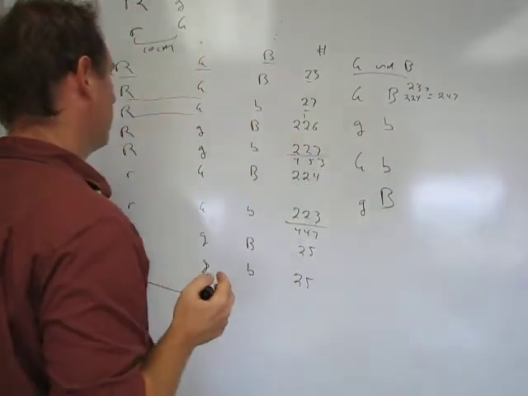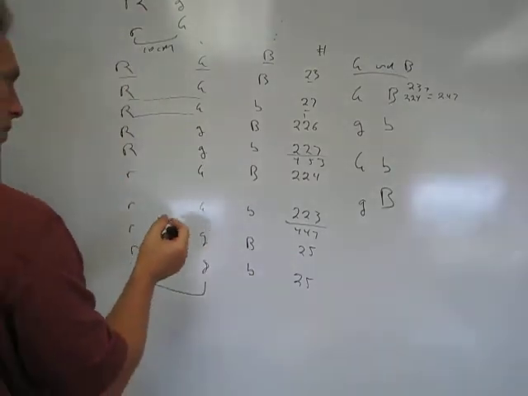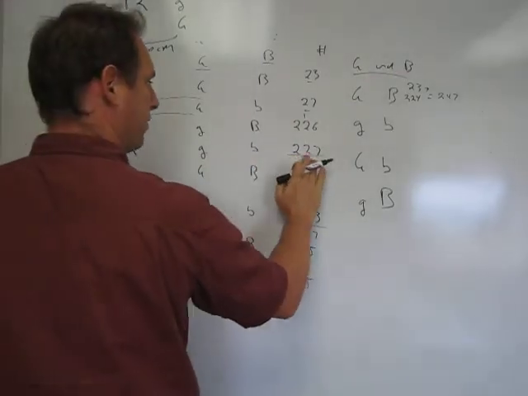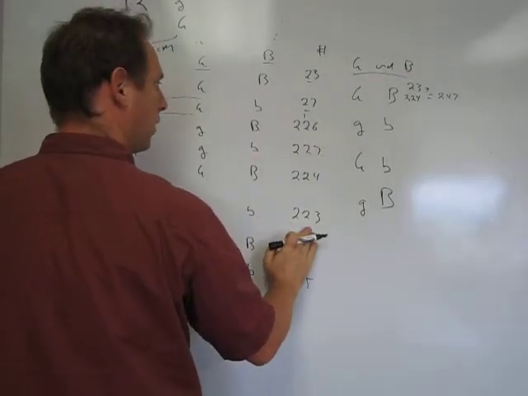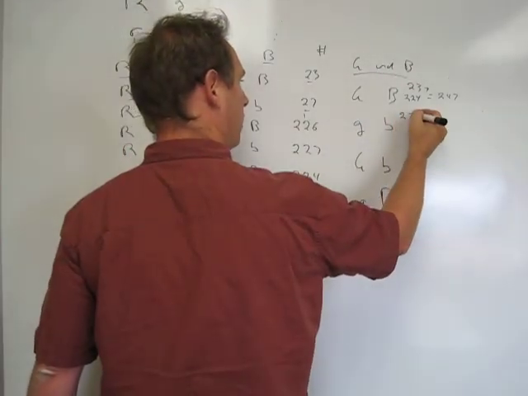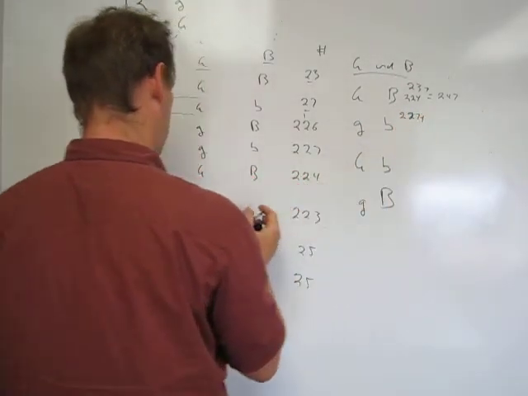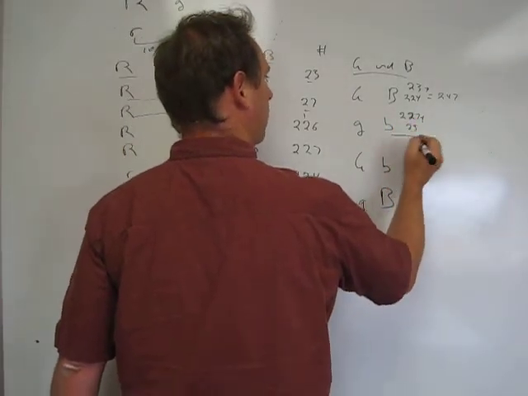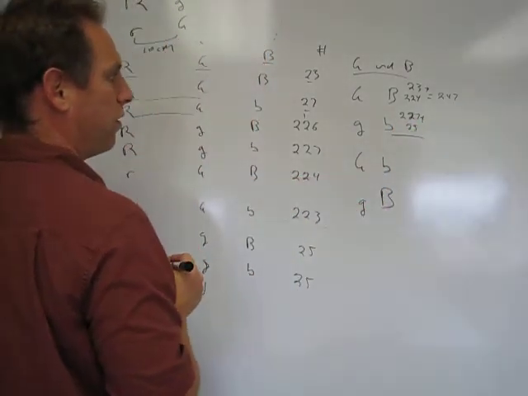So little g, little b. That would be this one right here, which let me erase these numbers because they're a bit confusing. So little g, little b is 227, plus, where's the other little g, little b? 25. So that's 252.